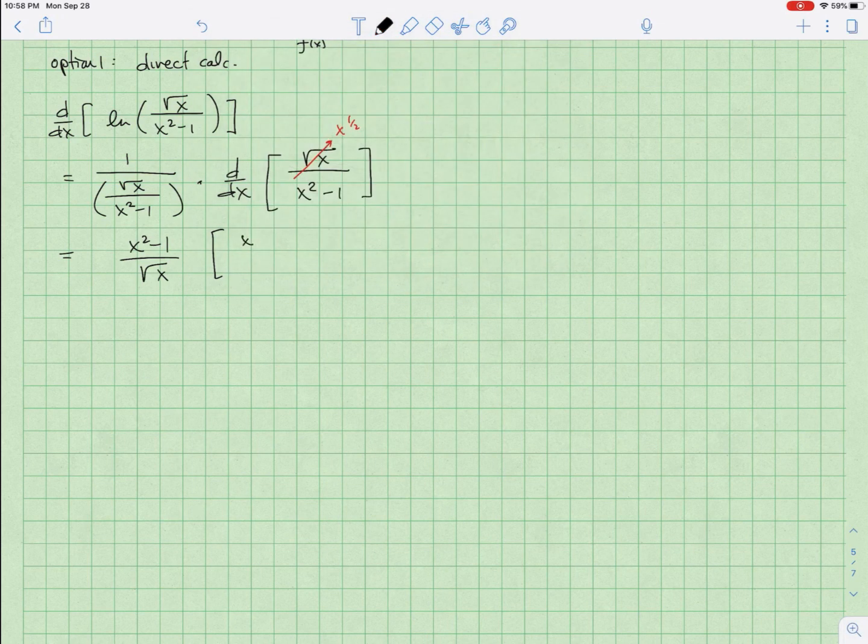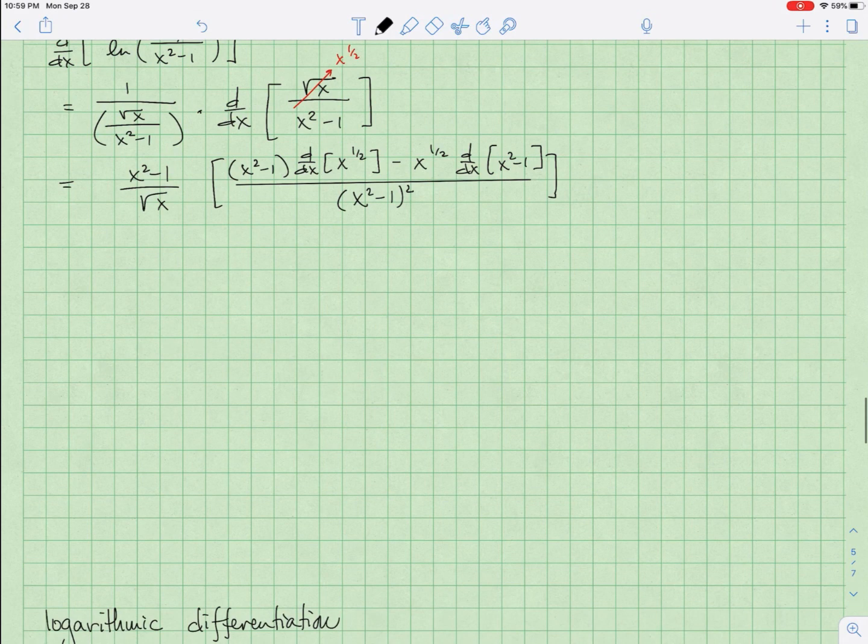So this is going to be low d high minus high d low over the denominator squared. And then we'll keep cleaning this up.